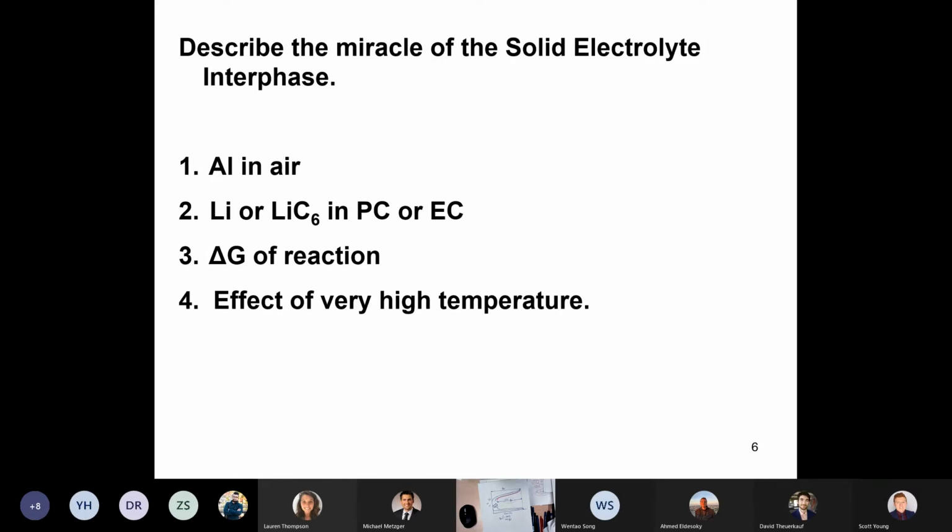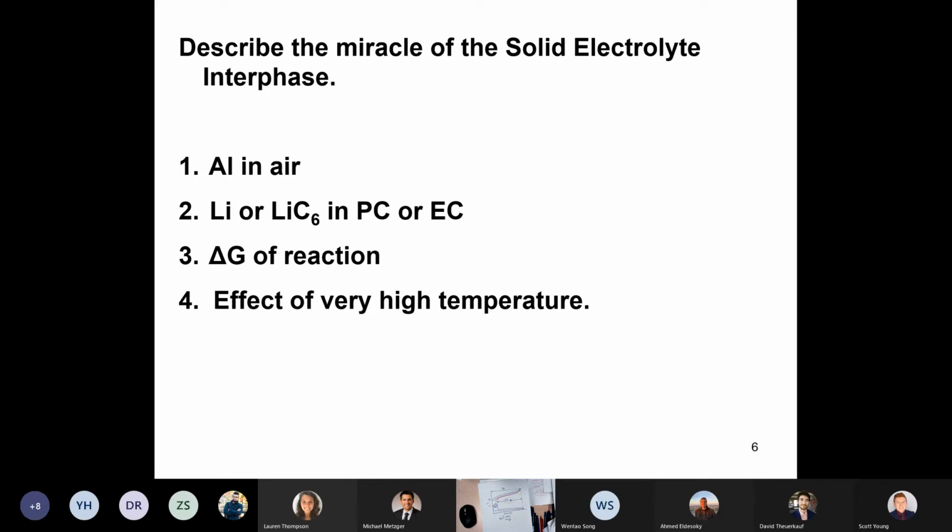Okay, so now I want to start talking about the solid electrolyte interface. Everybody in my group and in Mark Overbeck's group and maybe in Lucas Swan's group has heard about the solid electrolyte interface, but it's really worth talking about in some detail. So I want to start by talking about aluminum.